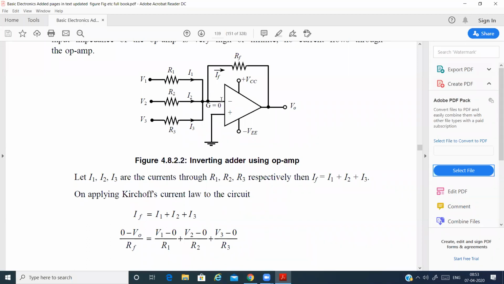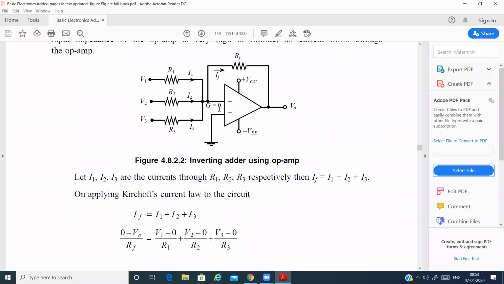Tejaswini: Sir, because it's very low and negligible. Why is it negligible? Because the input impedance is very high. The input impedance is in terms of mega ohms, as we have already discussed in the characteristics of an op-amp.